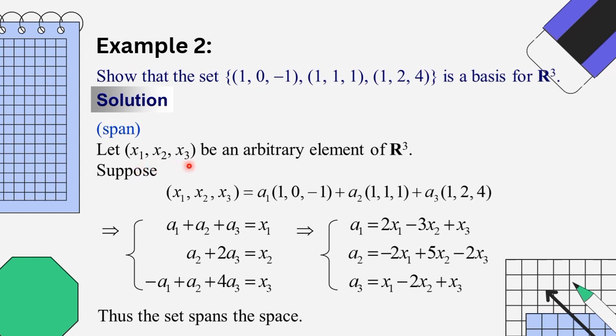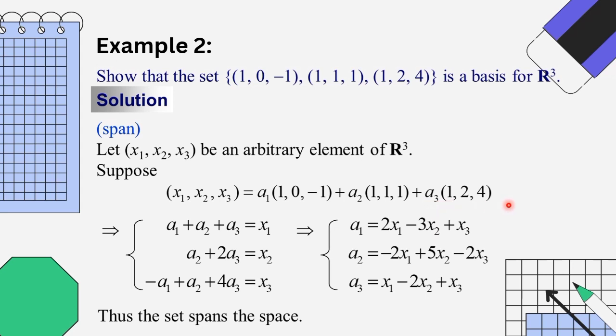Now we equate this: a sub 1 times (1, 0, -1) plus a sub 2 times (1, 1, 1) plus a sub 3 times (1, 2, 4). Based on the definition of span, it should be a linear combination.